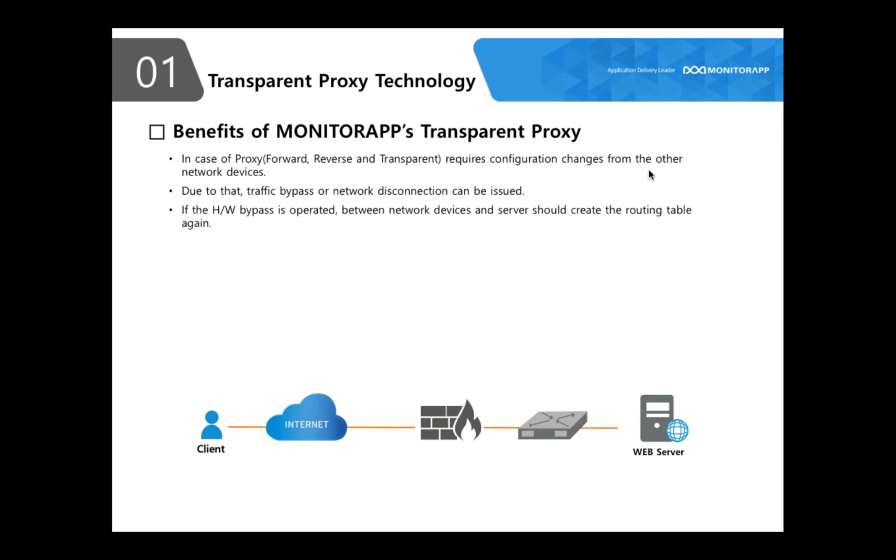If the hardware bypass is operated, the network devices and servers should create the routing table again, because between the proxy server and the web server, which are connected as a transparent proxy, they have to recreate the routing table and ARP table.